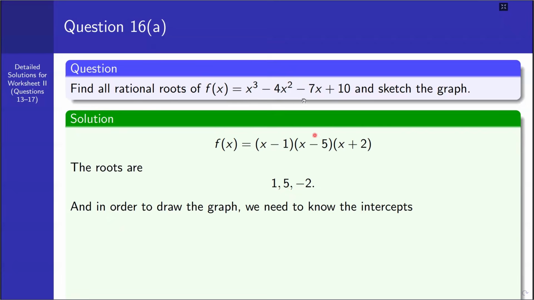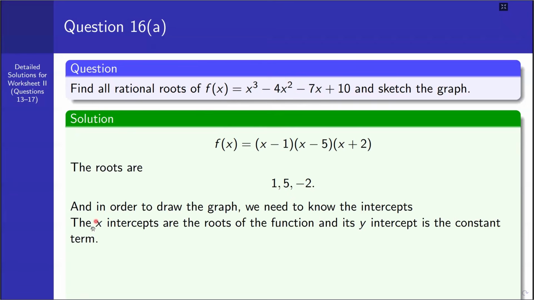Therefore, the x-intercepts of this polynomial function could be 1, 0, 5, 0, and negative 2, 0. Because the x-intercepts are the roots of the function, and its y-intercept is the constant term of this one.